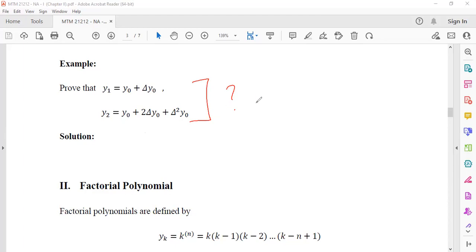Using our earlier formula you can find the solution.